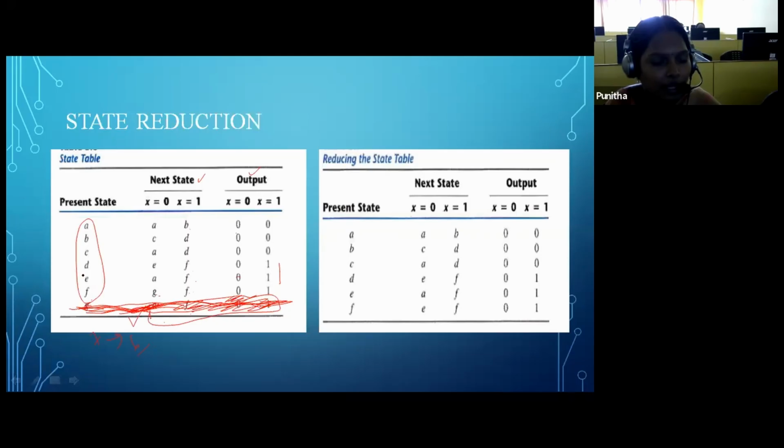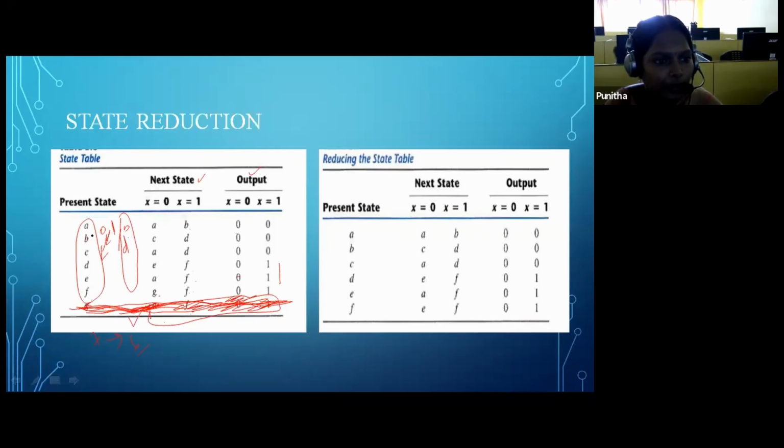Before processing I call this the present state, but these are the actual states. In the next state also, if I apply any input, 0 or 1, to a present state, the next state produced is from the same set, though the ordering may vary. For A, I will get B. For B, I will get D. But the resultant state produced comes from the present states only.